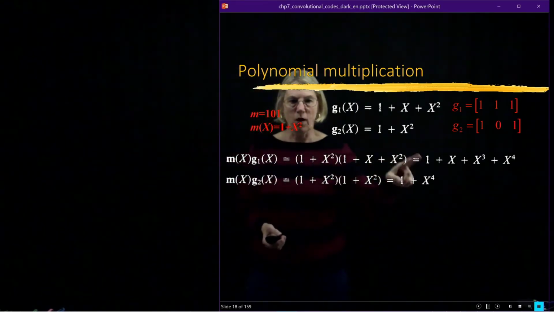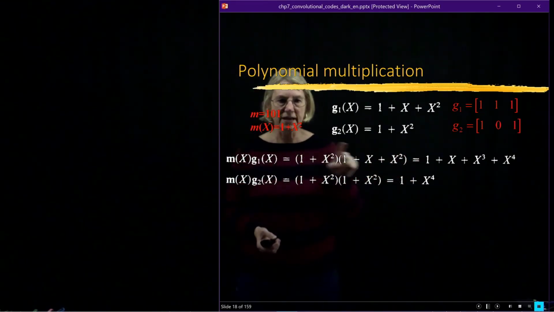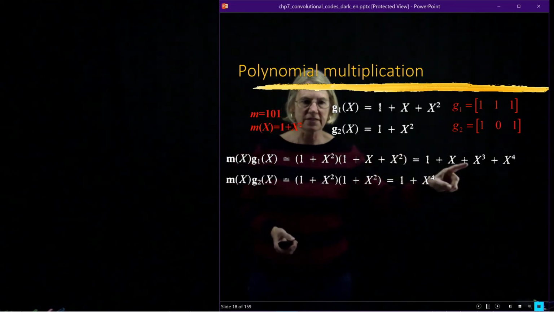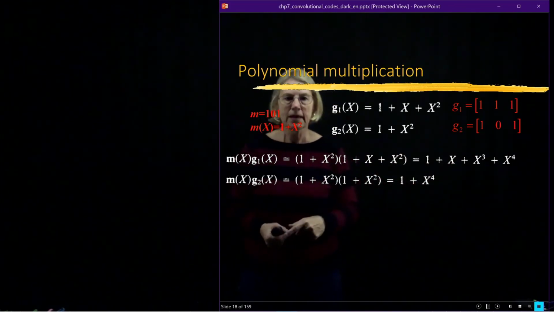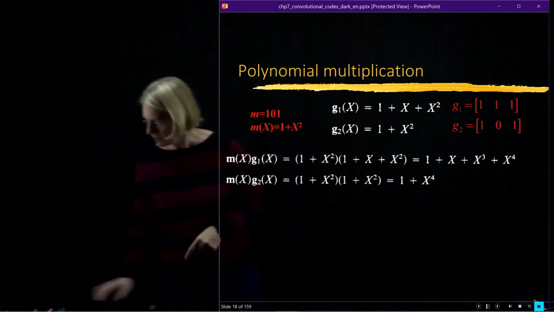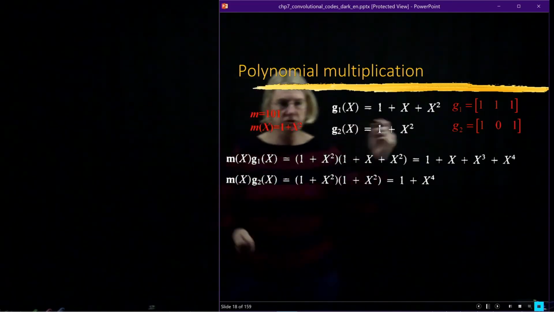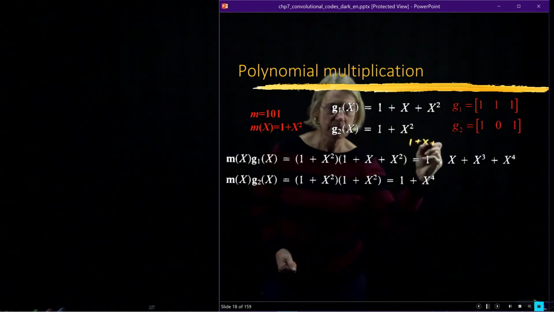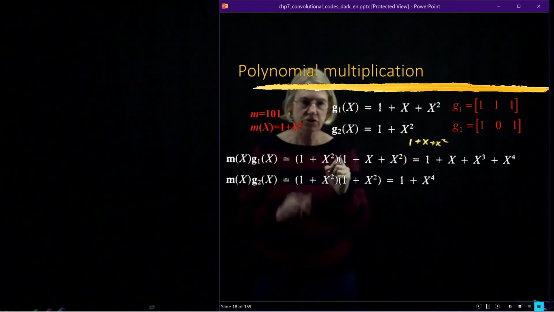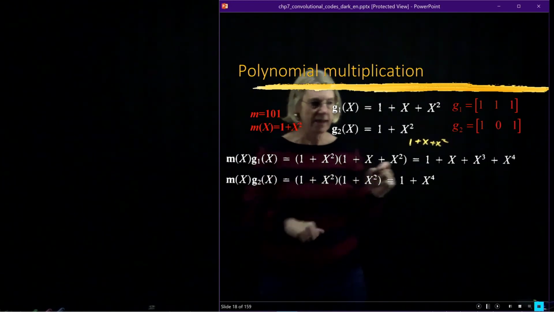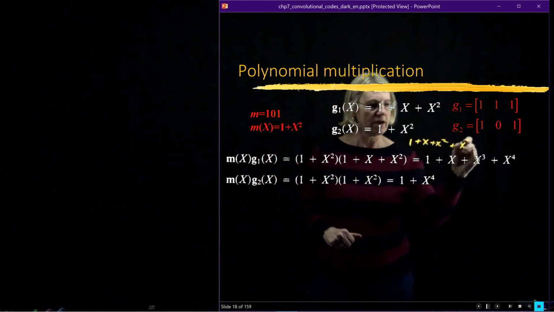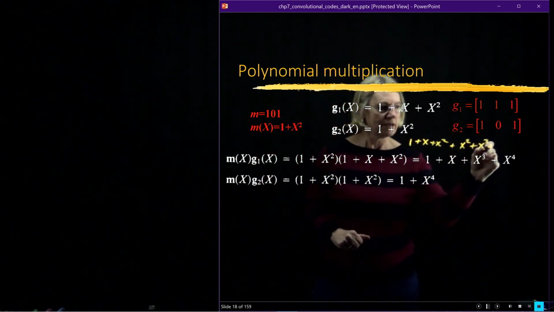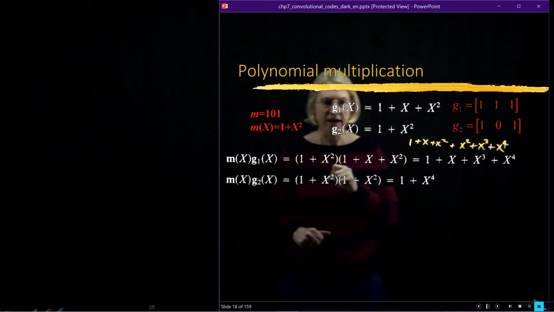And I get, first of all, 1 times this whole thing, I get a 1 plus x squared. Maybe I'll write it out just for the first one. So I get 1 plus x squared is the first term from multiplying this 1 times that. And then I get an x squared plus x cubed plus x to the 4th, right?